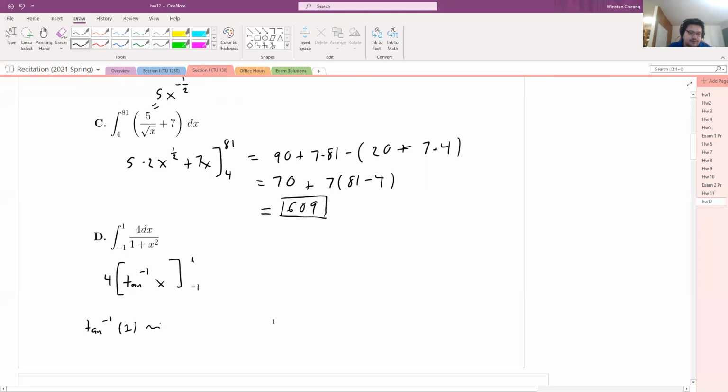Well, the way you think about this is tangent of what angle is going to give you the value 1. Well, the answer is going to be pi over 4. It's going to be a 45-degree angle. So you end up with pi over 4 for the first evaluation. And then for the second evaluation, it's the same kind of thing. It's what angle is going to give you -1.